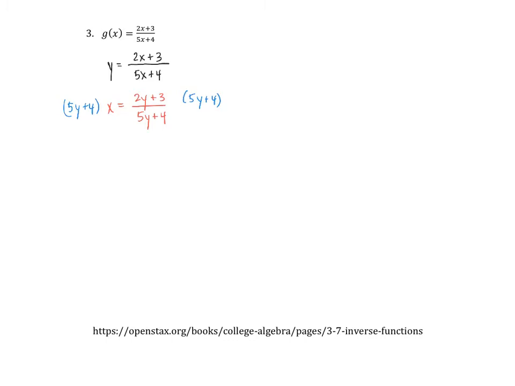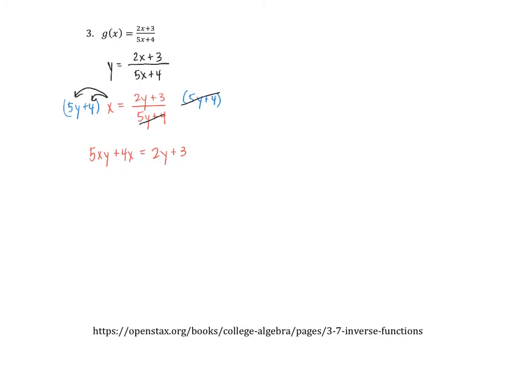And what that does is it cancels out the denominator on the right hand side, so I won't have a fraction anymore. And I'm going to distribute the x on the left. So what I will end up with is 5xy plus 4x on the left and 2y plus 3 on the right.